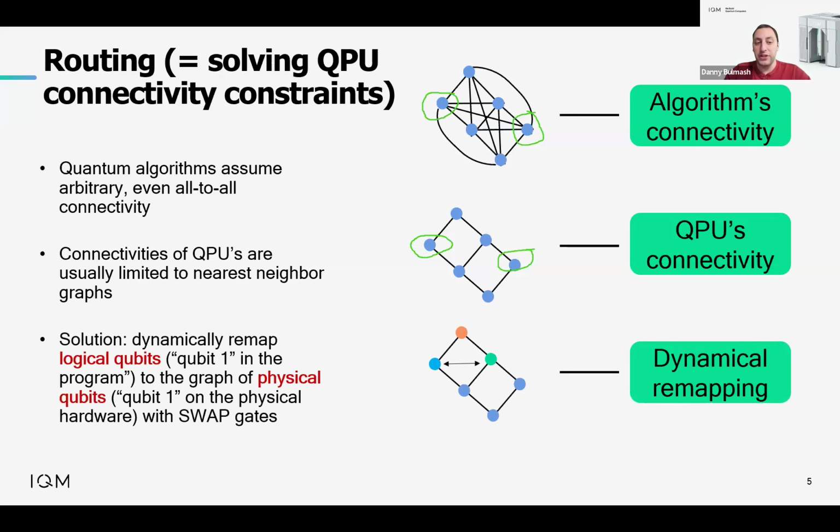We'll explain this in just a second, but the idea is that what we call qubit 1 on the hardware is not always going to be what we call qubit 1 in the program. We're going to be able to take qubit 1 in the program and have it correspond to several different qubits on the physical hardware, but we have to do something in order to do that. So we'll see how that works in just a moment.